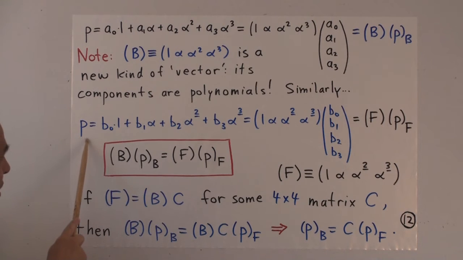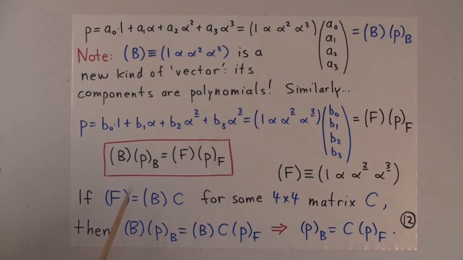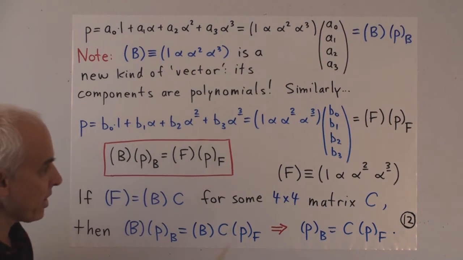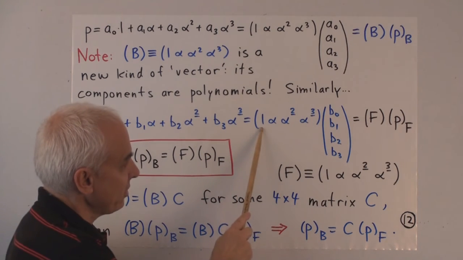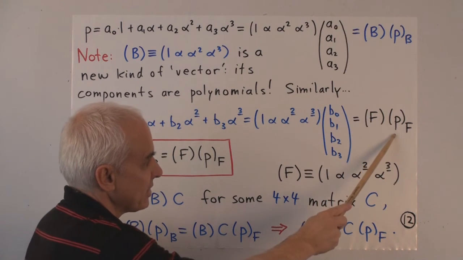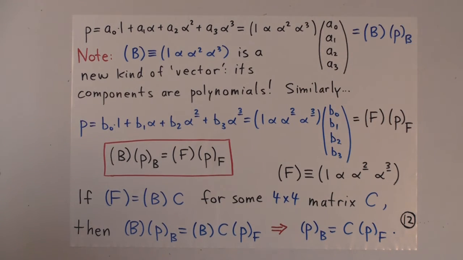Similarly, that same polynomial, if we write it in terms of the f basis elements, in other words, the various falling powers, then we have other coefficients, b0, b1, b2, b3. We can write that product as a row vector, which we'll call f, times this column vector, which is the coordinate vector for p with respect to f. So the same polynomial has two different representations, and here's a matrix equation that represents them.